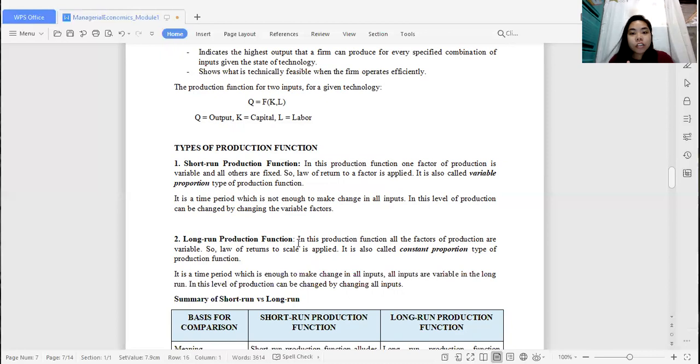In this production function, one factor of production is variable and all others are fixed.